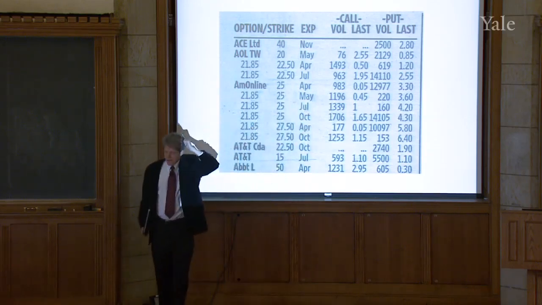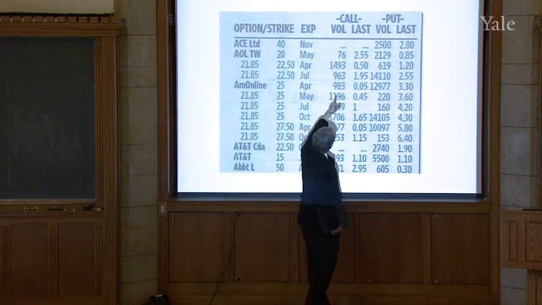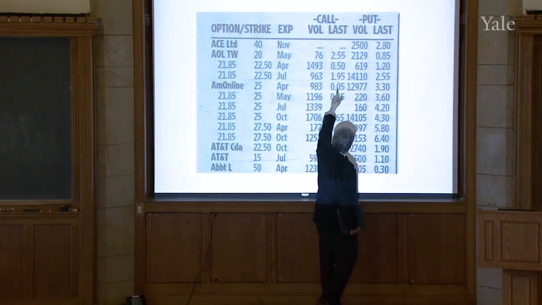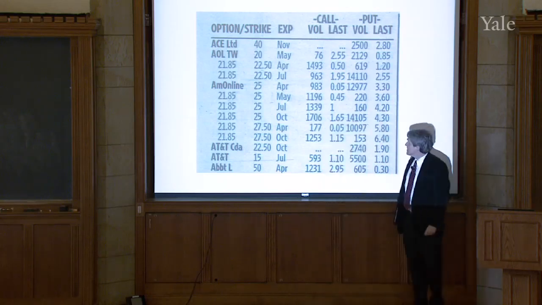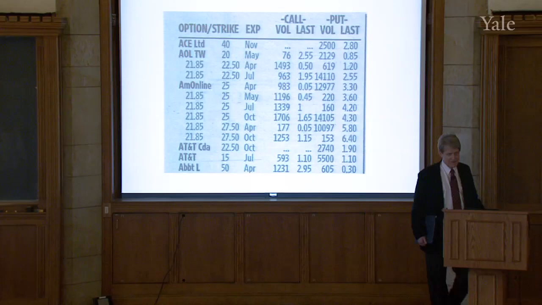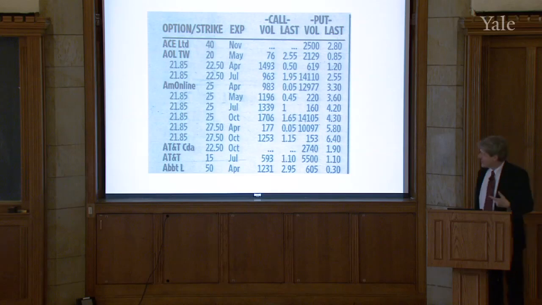Remember, it's April 2002 right now. The volume is the number of options that were traded yesterday, and the $2.55 up there is the price of a call option. The last price, the last option to be traded yesterday. This is the morning paper. It's reporting on yesterday morning's prices.